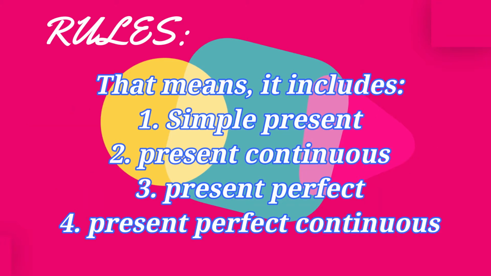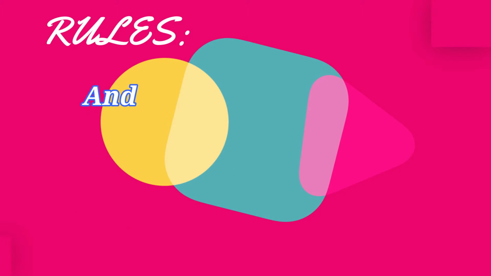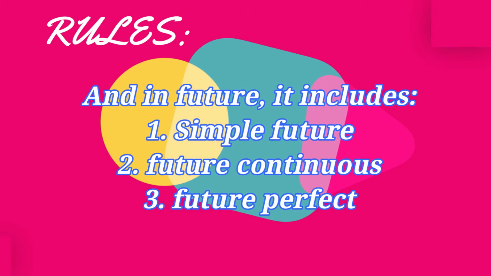That means it includes simple present, present continuous, present perfect, and present perfect continuous. And in future tense, it includes simple future, future continuous, and future perfect. We don't use future perfect continuous anymore, so we are just omitting it from our discussion.